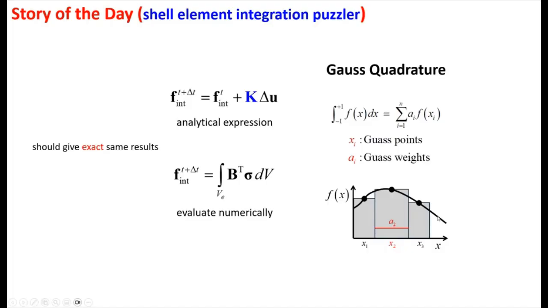And you can see also, the more sample points we have, the closer it will be to the real solution. So you end up having these points, the xi, where you evaluate it, and these we call the weights.